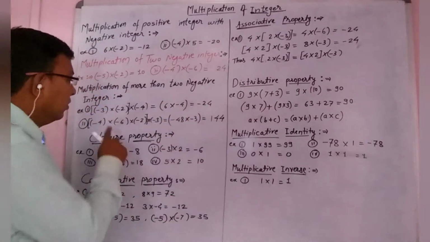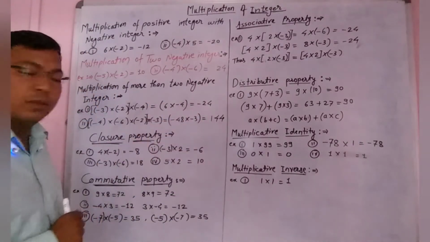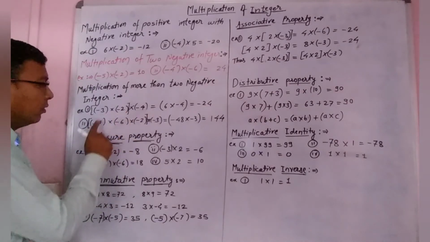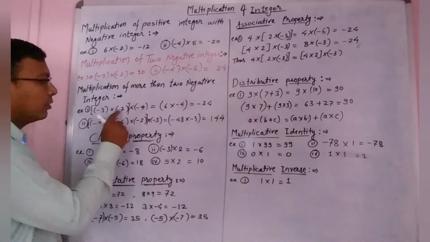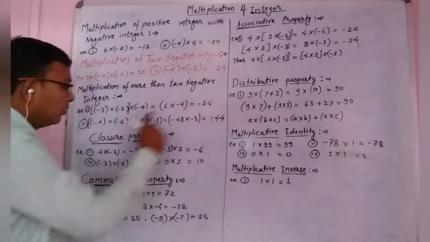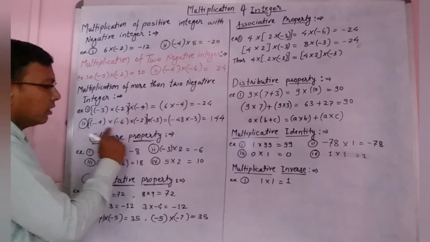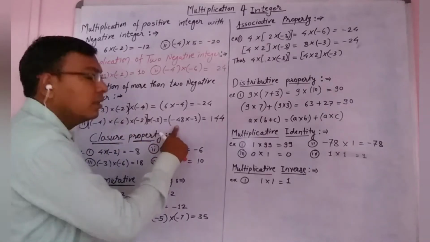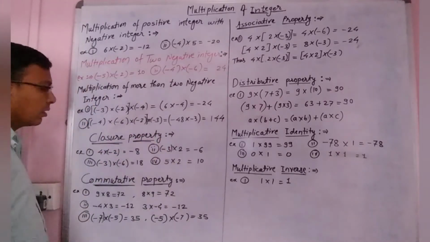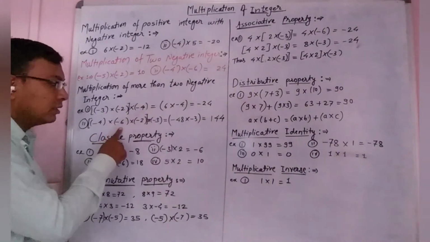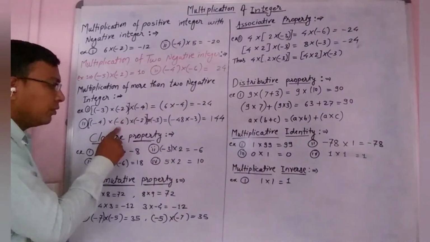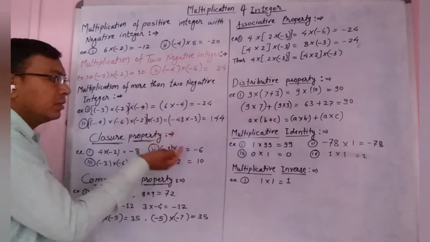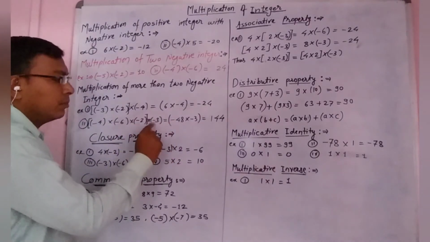Then multiply four negative integers. We know that the multiplication of three negative integers is negative. So here also we multiply three negative integers and the answer is negative, that is minus 4 into minus 6 is 24, and 24 into 2 is 48. Then 48 is multiplied by the fourth number, minus 3.